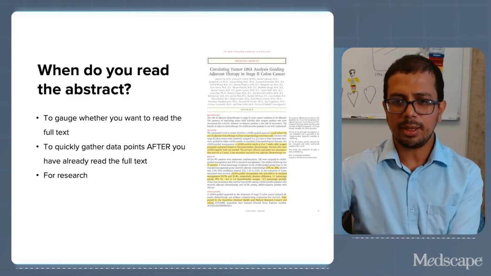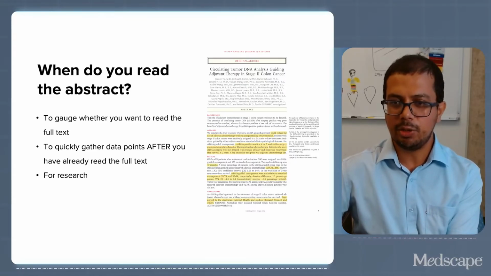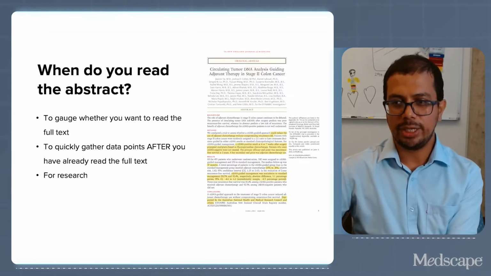Two is after you have read the full article and after you have made a clinical or scientific judgment about the article, then you can read the abstract to get some quick data points. What do I mean by that?